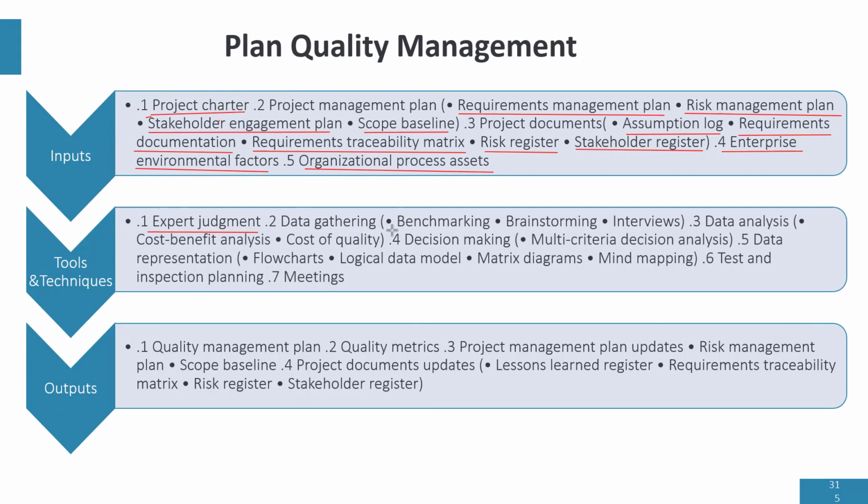Number one, to come up with the quality standards of a project, you can benchmark by comparing to another project that was done, maybe according to best practices, and we draw our quality standards from that other project. Or experts can brainstorm to determine the quality standards of the current project. Or we can have interview sessions with quality experts or subject matter experts to determine the quality standards.